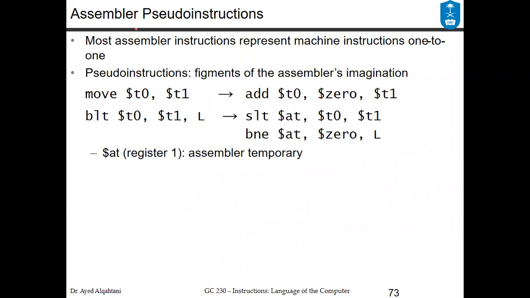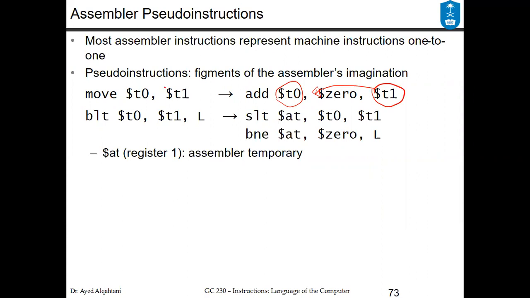There are assembler pseudo instructions. We know that when we want to move a value from register T1 to T0, we use add with register 0, and this way you moved it to the other register. There is another instruction which is called move.